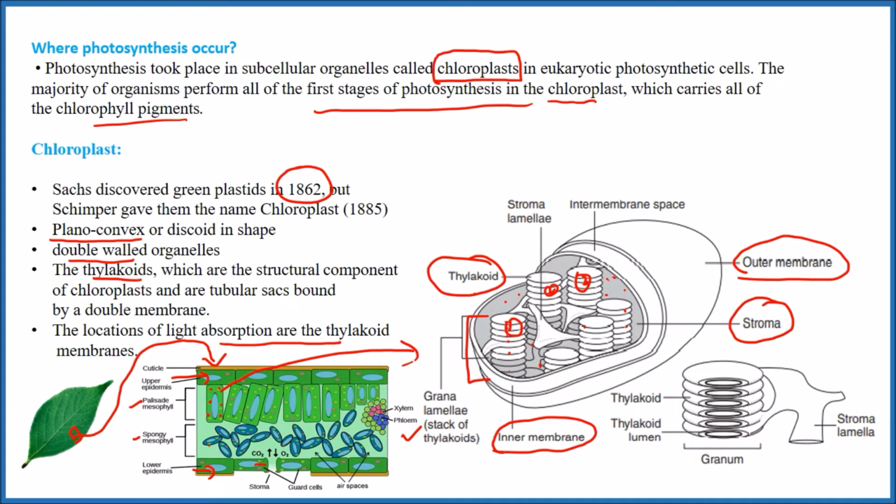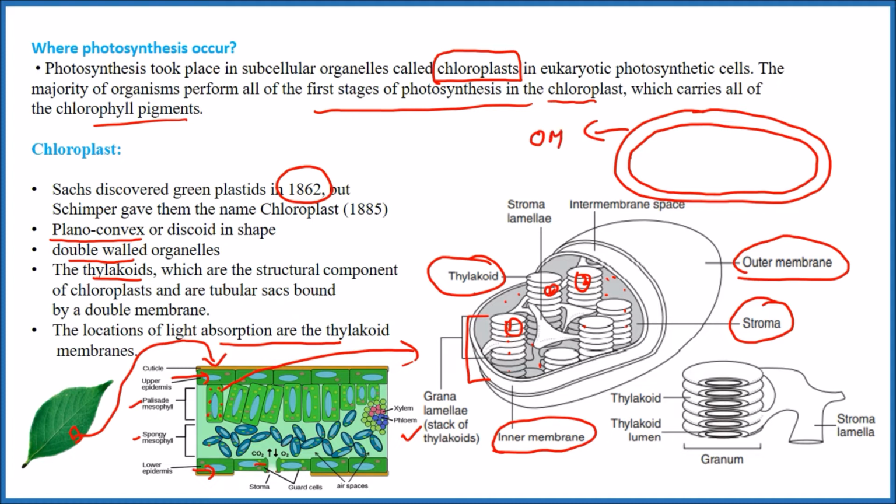So if we make a simple diagram of chloroplast, it is double membrane. This is outer membrane. This is inner membrane. And this is intermembranous space.